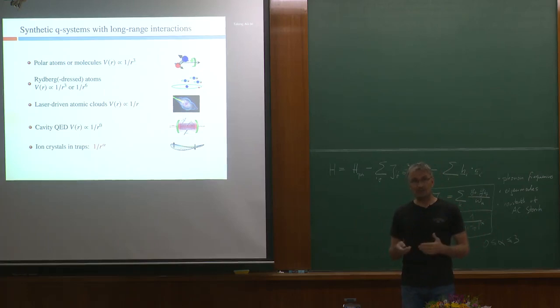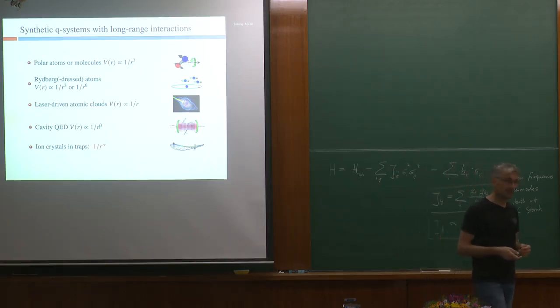This spirit is the same in these cavity QED experiments as in the ion traps. The difference is that because of the uniformity of these modes, the exponent you get is always alpha equals 0, so it will always be infinitely extended interactions.